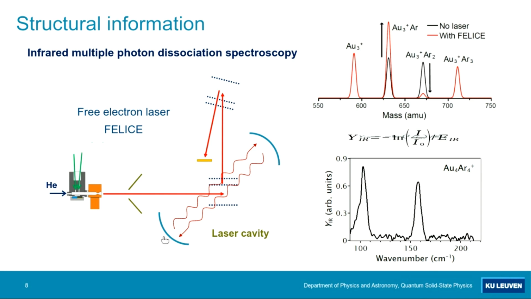So we use free electron lasers for this. For the experiments I will show you now, we actually use a unique free electron laser in the world. It's called Felice. It's in the Netherlands, in Nijmegen, at the Felix laboratory. And it's unique because it's arranged in such a way that the particles fly inside the cavity of the laser.